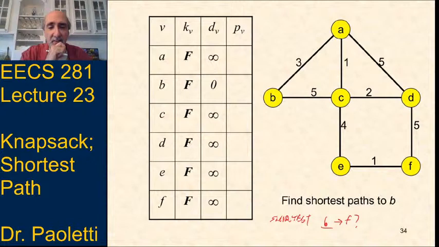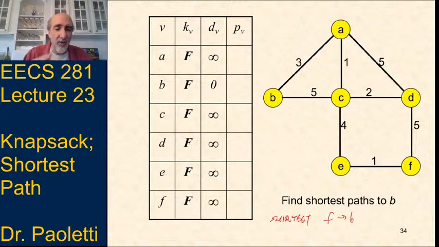But, let's say that I asked a different question up front. Let's say I asked the question, I want to know the shortest path from F to B. If I choose B to be a distance of 0, I will get all the shortest paths to B. This only works because it's undirected.